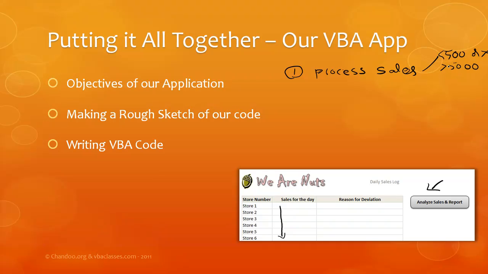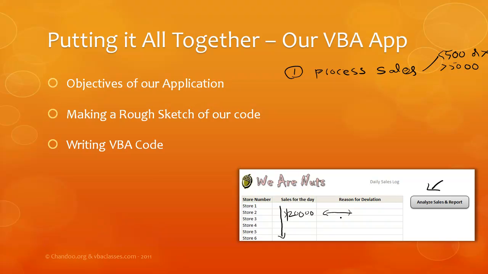And then we are going to do our own thing, which is to capture the reason and put the reason here. So if the number here happens to be something like $20,000, then I'm going to capture the reason here and write it here. The reason will be captured through an input box, so then the reason will be noted down here. So that's the first thing that we are going to do here, right?